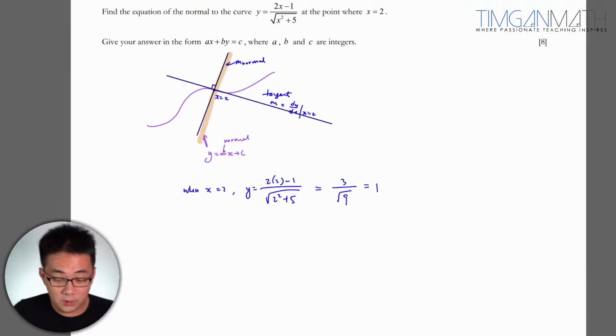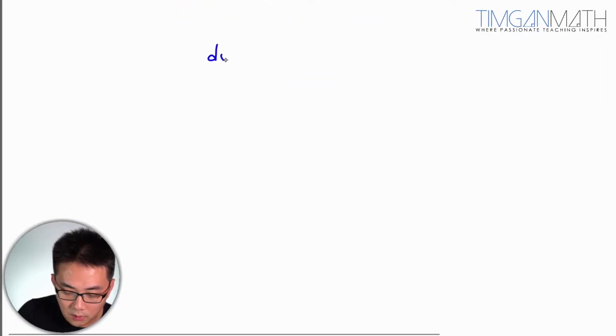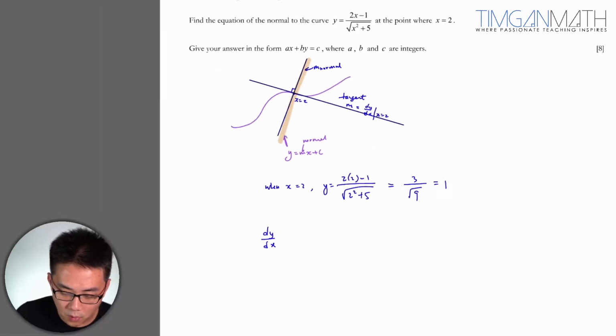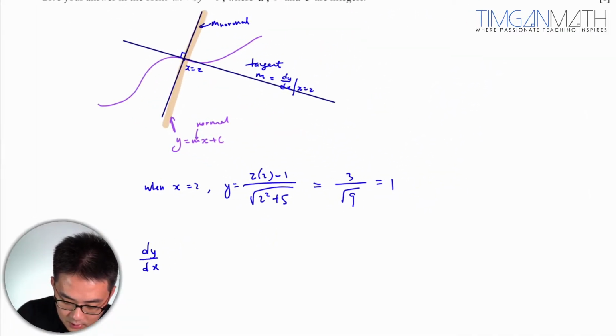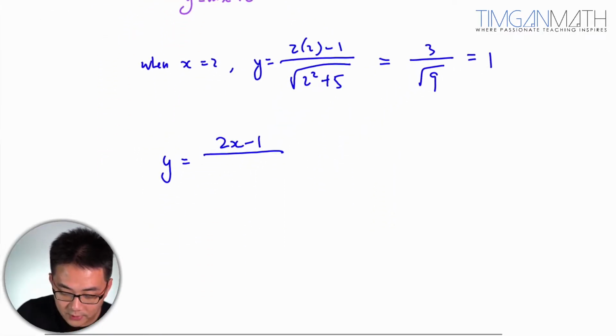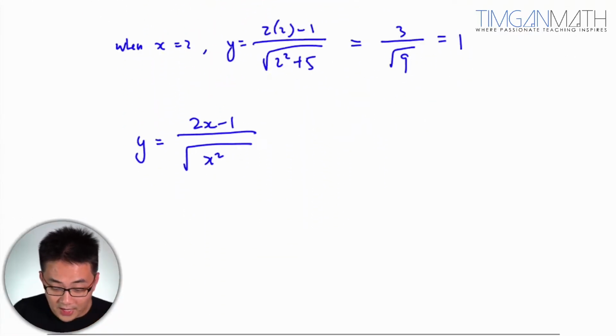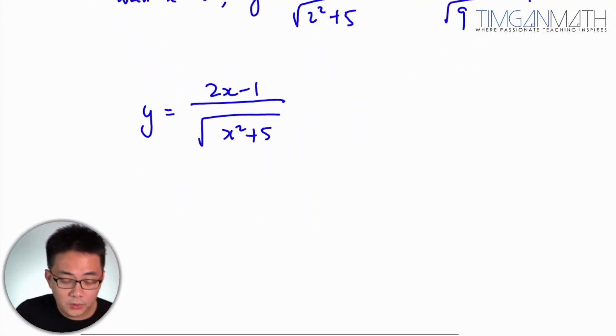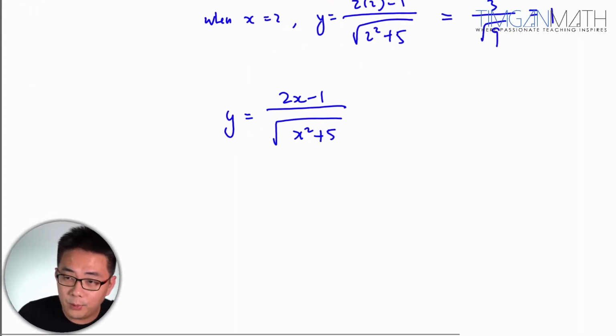Now we're going to find the gradient of the normal by finding the tangent first, because of dy/dx. So y equals 2x minus 1 over square root x squared plus 5. What we need to do is use the quotient rule.